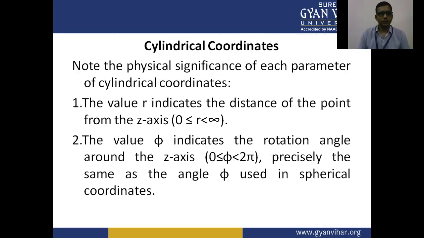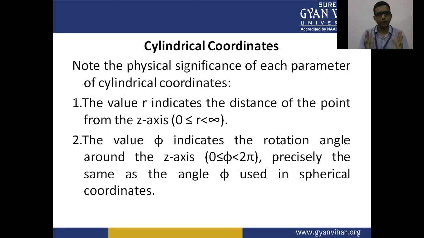The physical significance of each parameter of the cylindrical coordinate system is that r is the distance from the z axis in the cylinder, and it varies from 0 to infinity, or if we are using a unity radius, then r varies from 0 to 1.